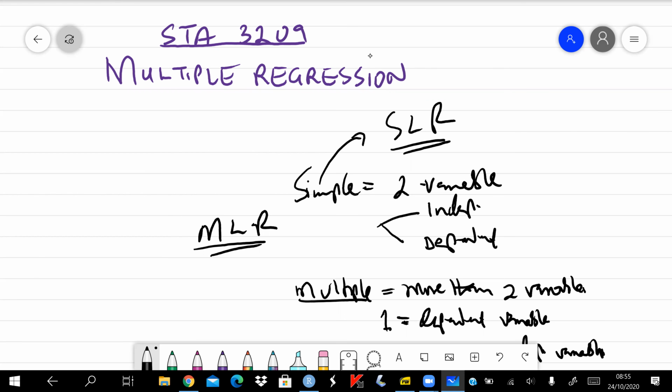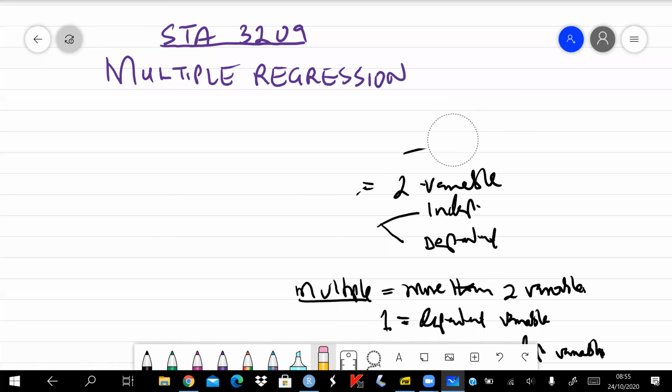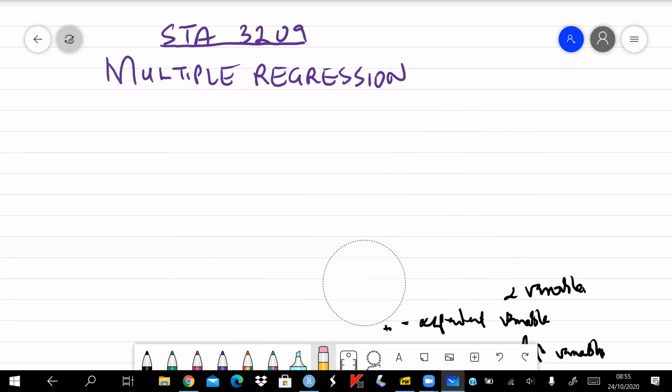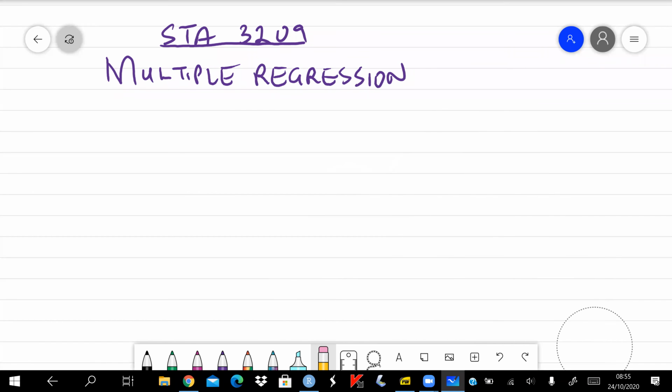I'll start by giving a general format of the multiple linear regression model. Then after that, we'll use the OLS method to estimate the parameters involved in the equation, or the betas, and so on and so forth.